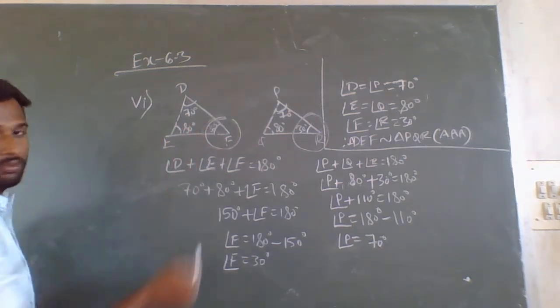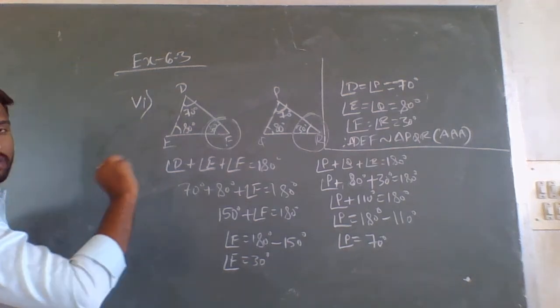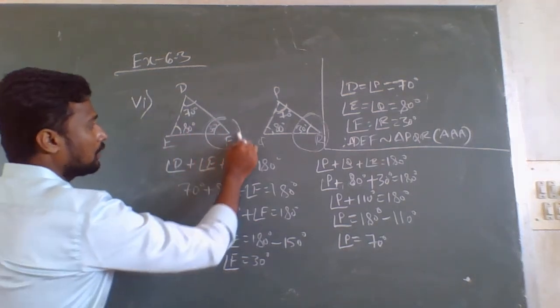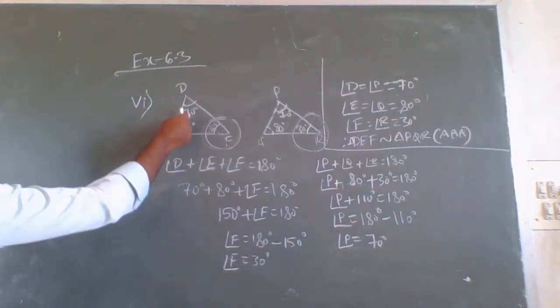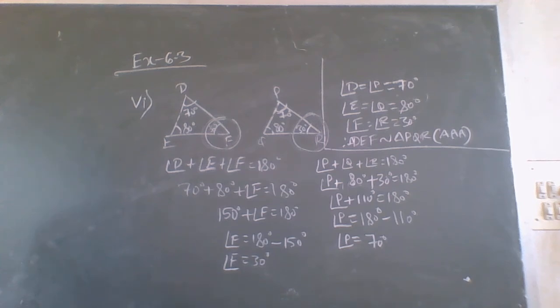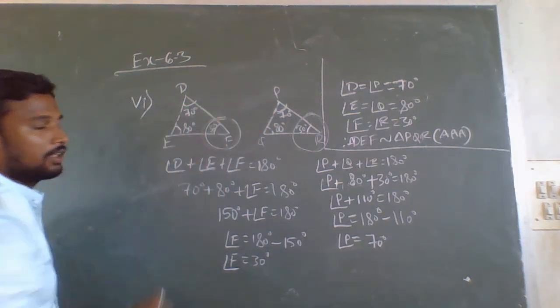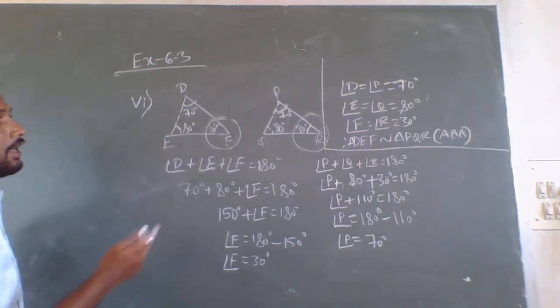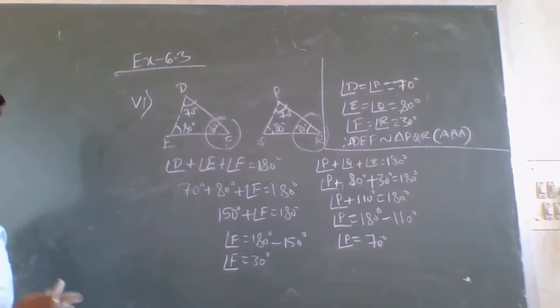70 plus 80 means 150. So here also we will get 150 only, which means the remaining angle should be 30 degree only in all the triangles if they are given 70, 80 and 70, 80. Then if two corresponding angles are equal in any two triangles, then we can say that the remaining angle is also equal to each other.